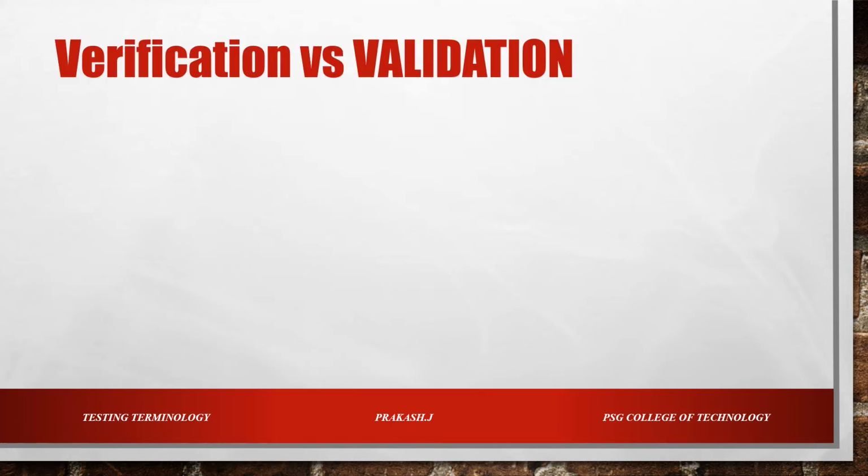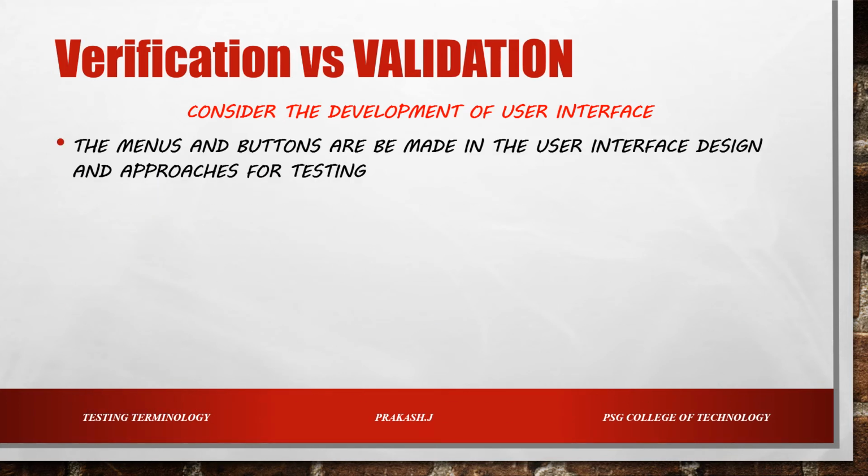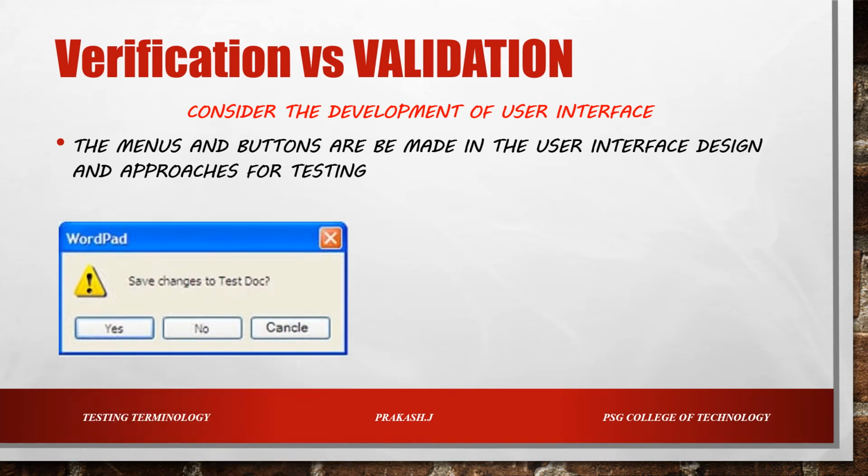Let us consider another example to differentiate validation and verification. In this, we use a user interface as an example. Consider the menu buttons present in the user interface. You look at three different menus where one button denotes yes, one button denotes no, and one button denotes a misspelled cancel.